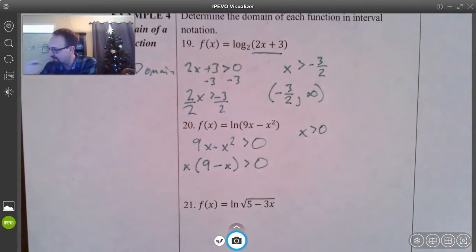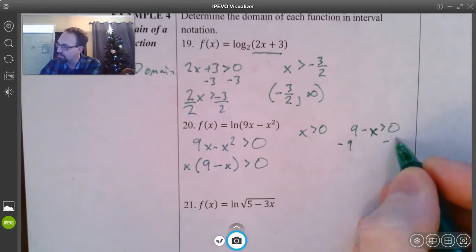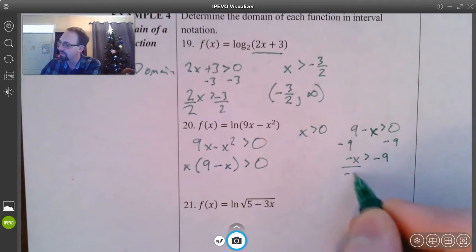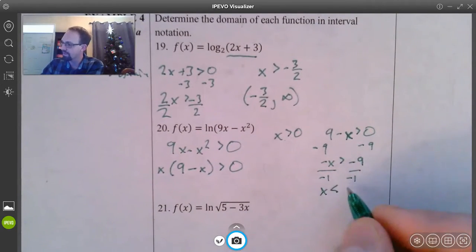So x is greater than 0, and then 9 minus x is greater than 0. If I subtract 9 from both sides, I get negative x is greater than negative 9. Divide by negative 1. Change the signs! x is less than 9.